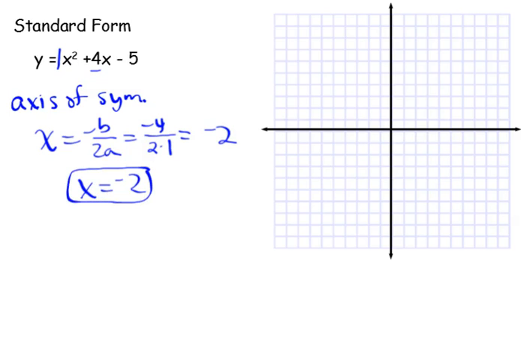So we know that our axis of symmetry is over here this time, and that the vertex lies somewhere on it. So we're going to take our initial equation, y equals x squared plus 4x minus 5, and we're going to plug in a -2 for x.